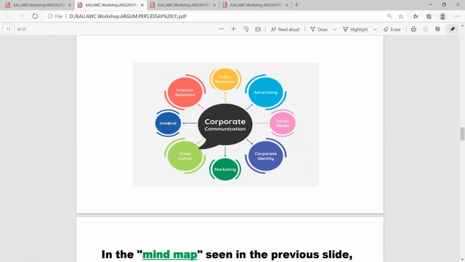Internal, of course, is how do you deal with your own employees? How do colleagues deal with each other? Do they respect each other? Do they communicate well with each other? Emails, social media, how do they communicate with each other? Is it effective? If it's not effective, well, then you would have to have a meeting, either an online conference meeting, or in person.